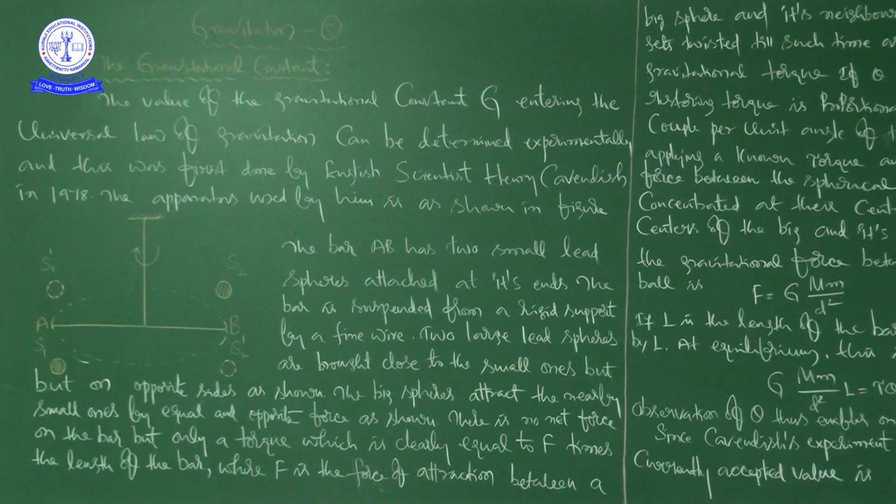See here, the bar AB has two small lead spheres. I already told you about this picture. First the big spheres are here. When these big spheres are taken to the other side of the masses, the bar AB rotates a little since the torque reverses direction.